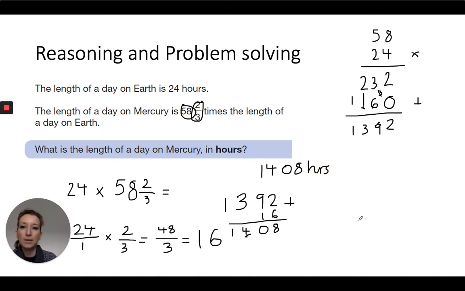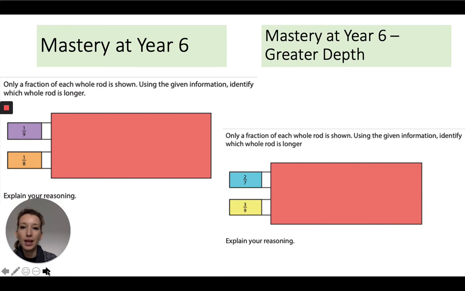Brilliant. Okay, so there's an idea of how you would solve that. But obviously there's lots of different strategies when you're solving a reasoning problem. And here's a mastery question at year 6. So kind of following on from the questions that we've done before. So only a fraction of each whole rod is shown. Using the given information, identify which rod is longer.